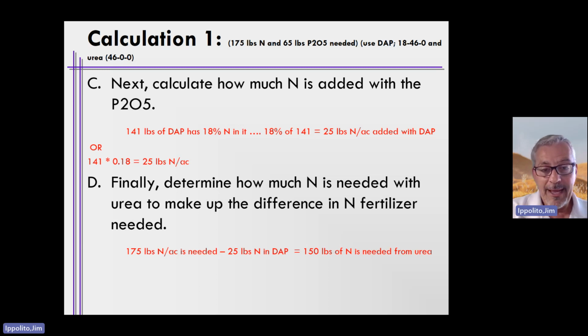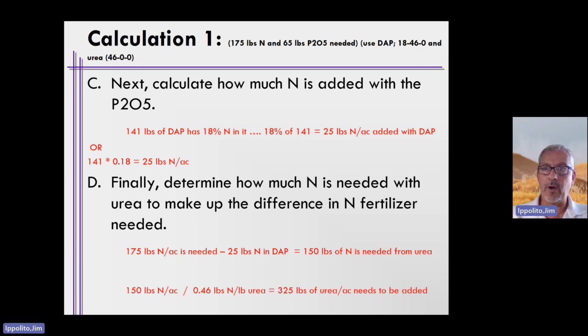Now, you've already done the calculation back in Unit 5B, and you've just done the calculation for P2O5 on the previous slide. So how much urea do we need to add to equal 150 pounds of nitrogen?